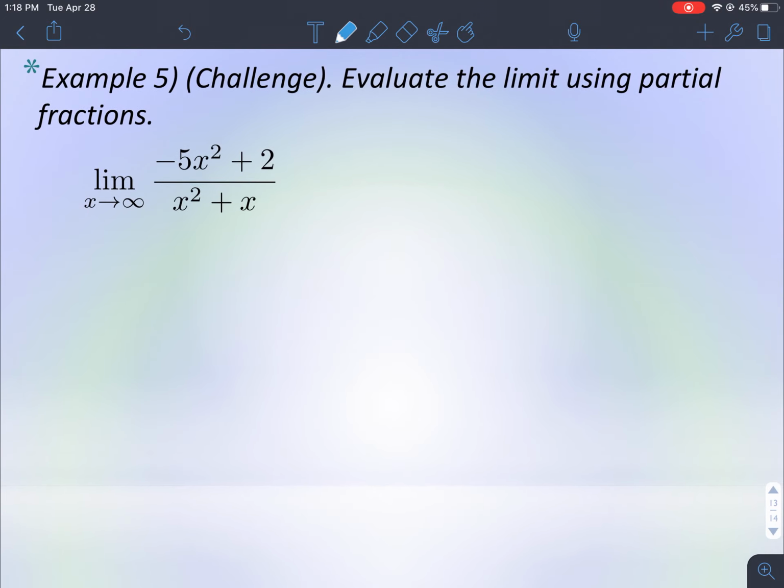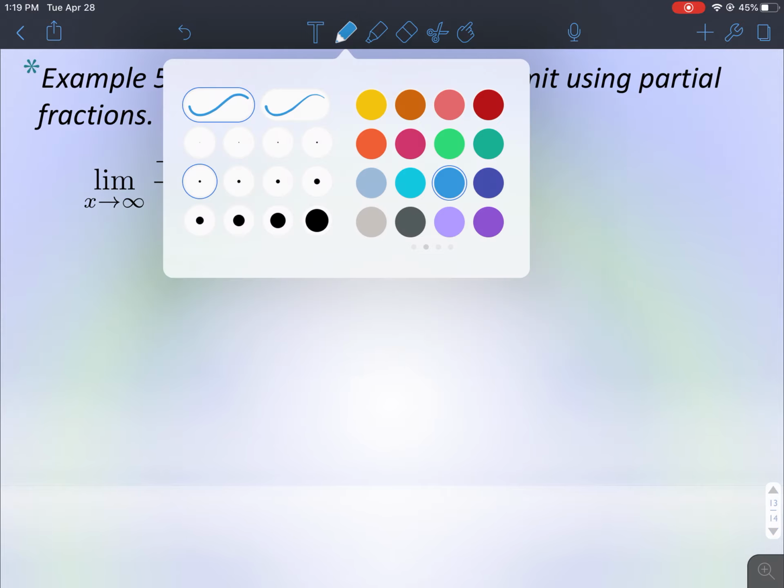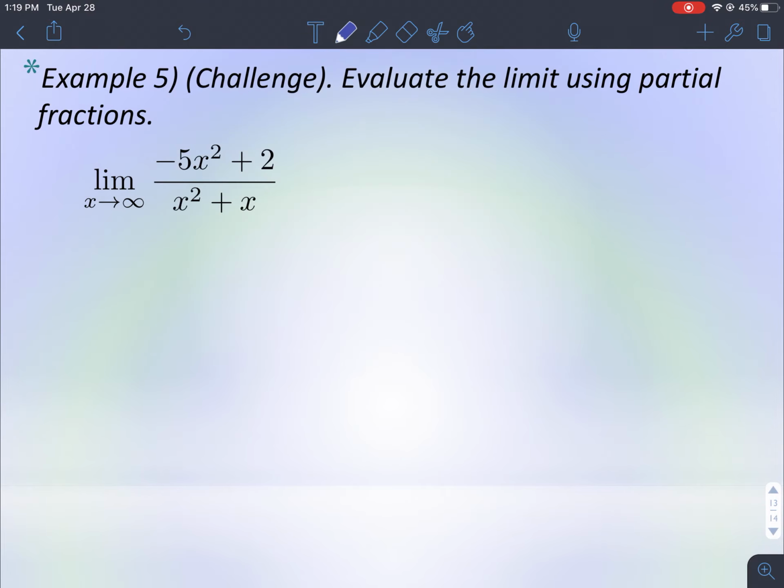Example number 5. Evaluate the limit using partial fractions. Okay, first of all, we are used to just plugging in a number and evaluating limits. If I were to do that here, and I plugged in a really, really big number for x, then that second power is going to take over the numerator, and you're going to still get a really big number.